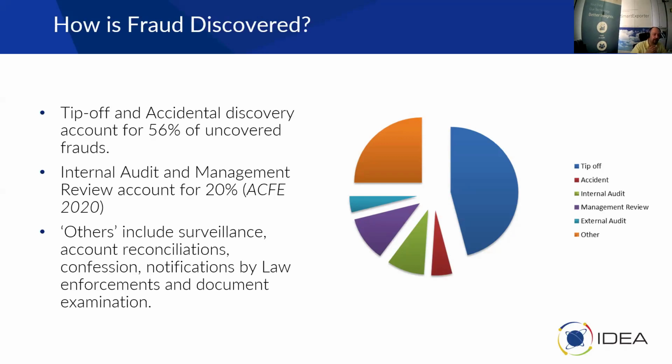External audit 5%, account reconciliation 5%, surveillance monitoring 4%, IT controls 2%, notification by law enforcement 2%, others 7%. If you put data analytics to use in your company, you can at least discover 52% of the fraudulent activities.